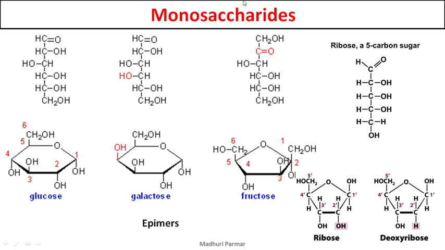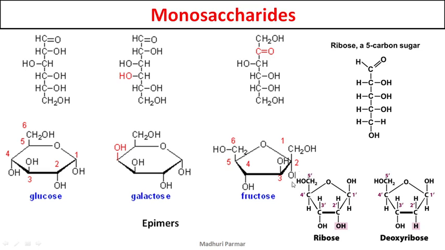Clear? When we studied the fructose structure, then here is ribose, which is a pentose, an aldopentose sugar, which I hope by now you will be able to write very easily. So here you have a ribose sugar, and when you cyclize the ribose, it gives you this kind of structure. It also has a 5-membered ring.